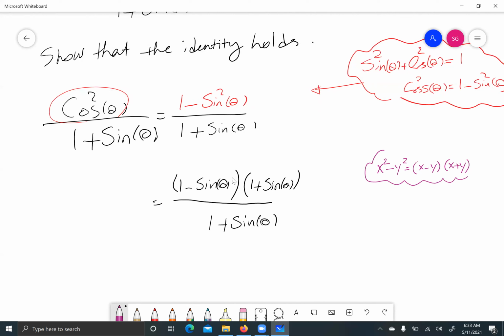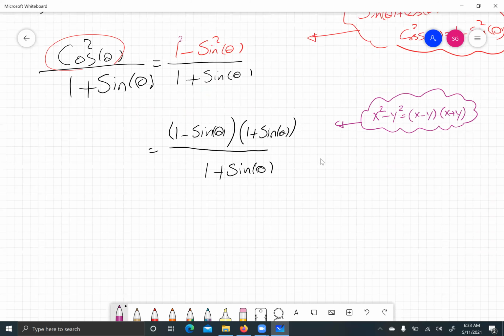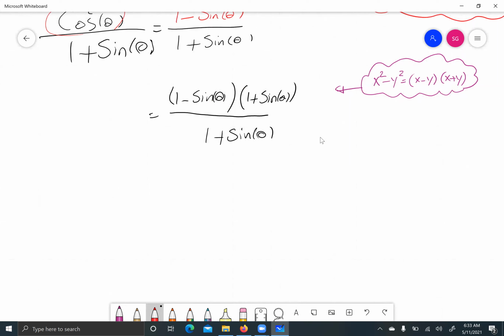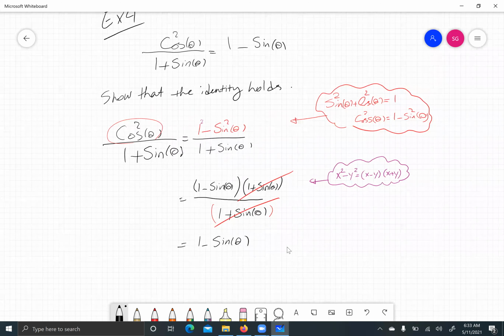It's like having 1 square minus sine square, so it can be factored this way. Then you can cancel this by this, and it's just 1 minus sine. So we reach the right side.